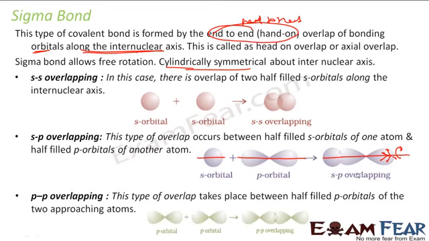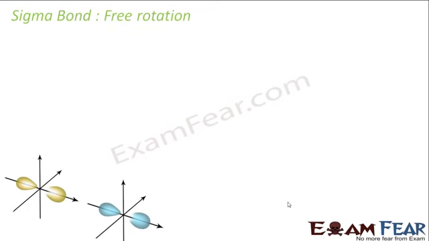For PP overlapping also, if you see, there's a p orbital, it overlapped like this. There's a head-on overlap actually, and this is cylindrically symmetric, and it allows free rotation because this can rotate. I think we can take an example where we can show it allows free rotation. So let's take this free rotation thing.